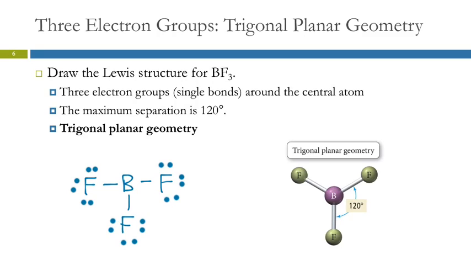And if we connect the points of this, we have a triangle. You see the triangle? This is called a trigonal planar geometry because it makes a triangle and it's flat. Maybe you can't see that, but it lies in a plane.